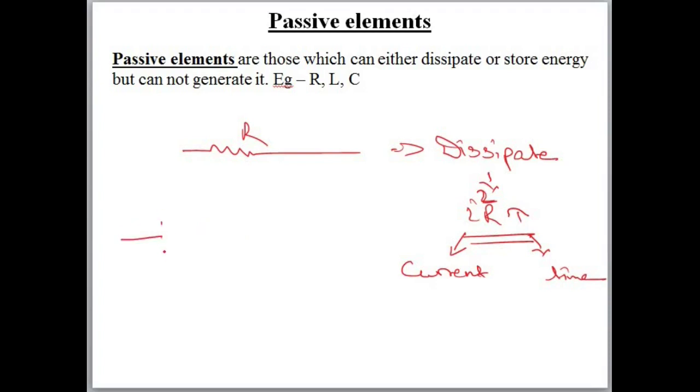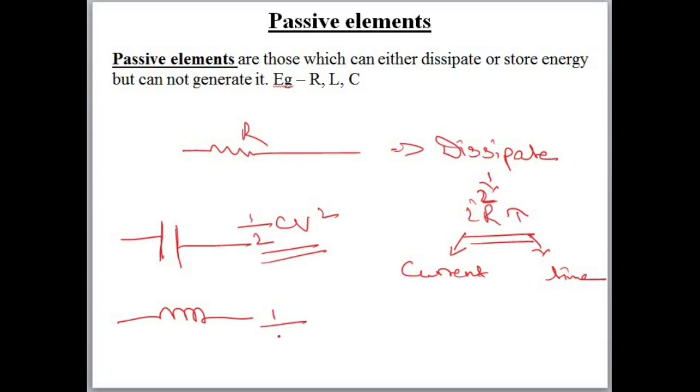And this is your capacitive circuit, this is your inductive circuit. In a capacitive circuit, some energy is stored. How much? Half CV square. Already we have explained it. Inductive circuit, what does it do? It will also store energy. How much? Half L I square.